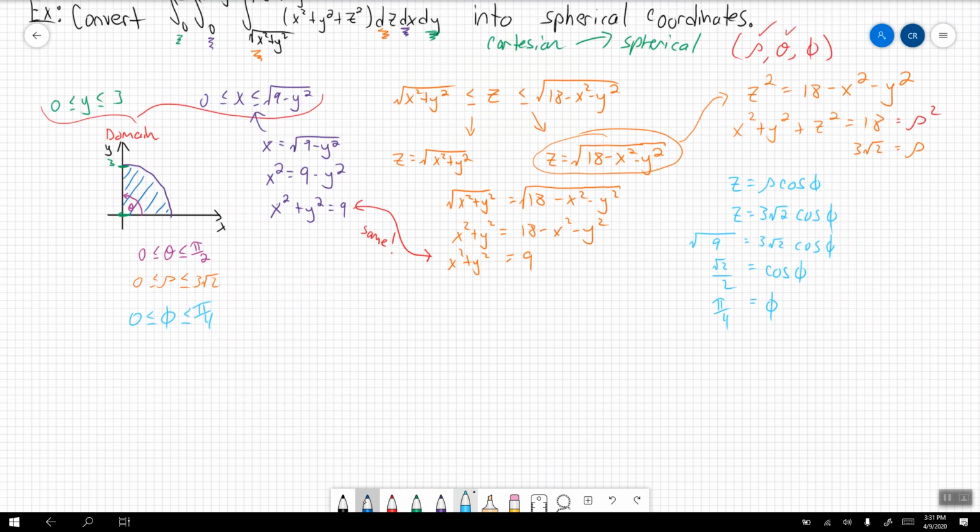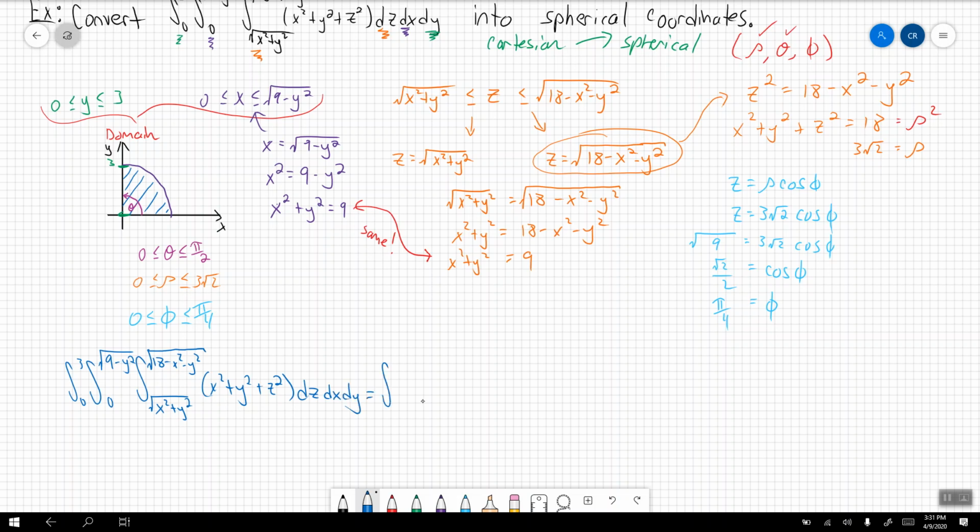All I have to do now is rewrite this integral in terms of that form. So let's go. The integral from 0 to 3, the integral from 0 to the square root of 9 minus y squared, and then the integral from the square root of x squared plus y squared up to the square root of 18 minus x squared minus y squared, of x squared plus y squared plus z squared dz dx dy is going to be equal to, I'm going to leave some spaces there.